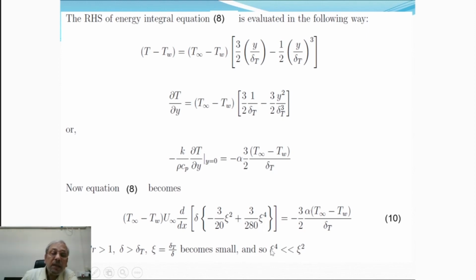And zeta 4 has to be much less than zeta square when delta t is less than delta. That means when delta is greater than delta t, or Prandtl number is greater than 1, we can invoke this simplification that zeta power 4 is much less than zeta square.